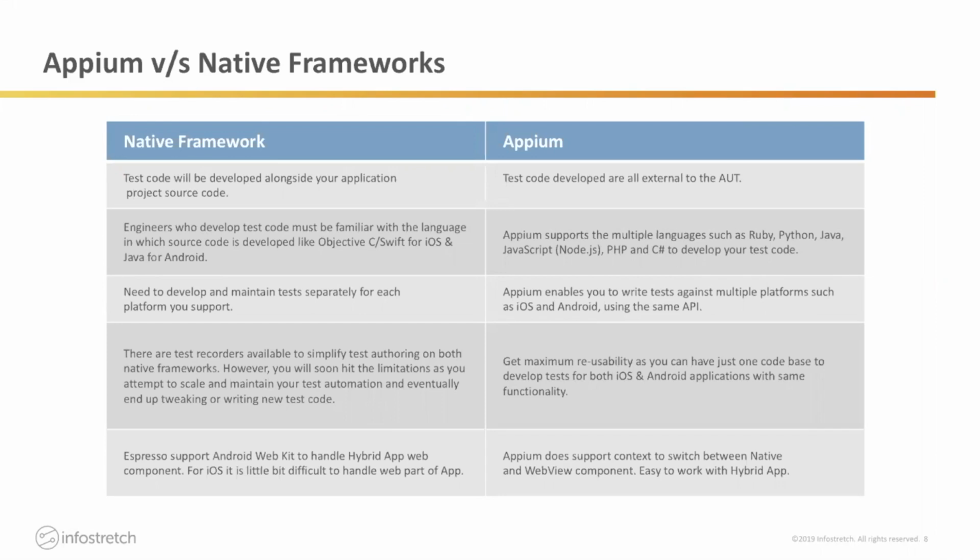It also enables you to write tests against multiple platforms such as iOS and Android using the same API. This enables code reuse between your different platforms, like Android or iOS. You can also use an open source framework, like the Qmetry one that Infostretch has created, which is built on top of Appium and Selenium.